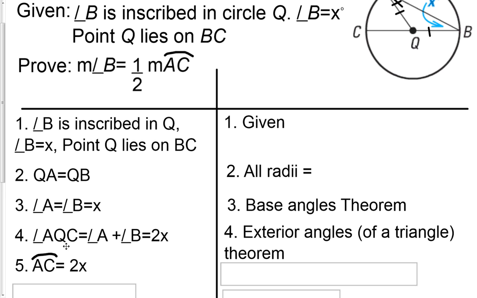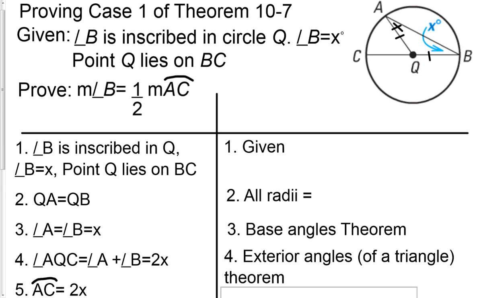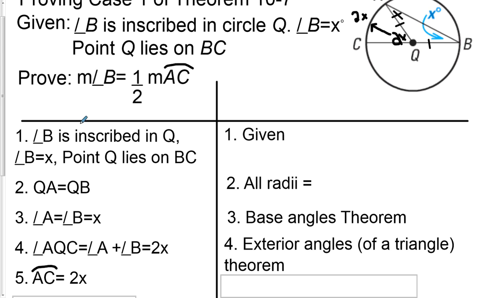Next, if this equals 2x, right, we just figured this out, this is 2x. Therefore, it's a central angle, and this arc equals 2x. Now how do we compare these? Arc is 2x, B is x. So the arc is 2B, and we need to solve it, right? The measure of the arc is 2B, but we want angle B equals half the arc.